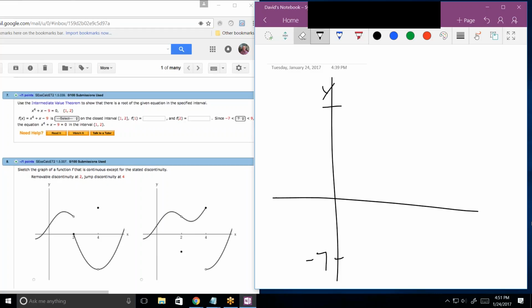And between 1 and 2 on the x-axis, we know that if we graph that, it's going to start there and end there. You with me? And it's continuous between there.